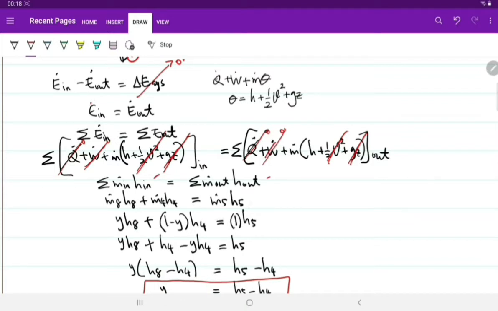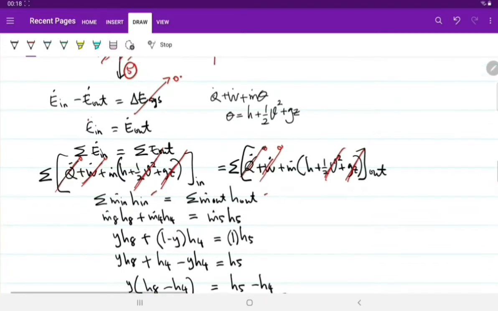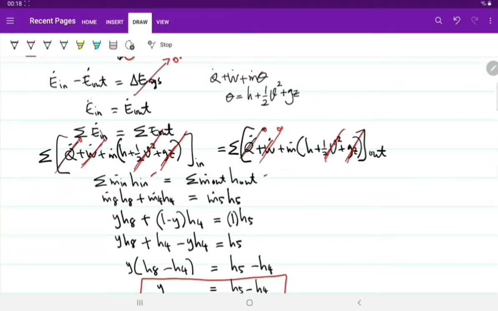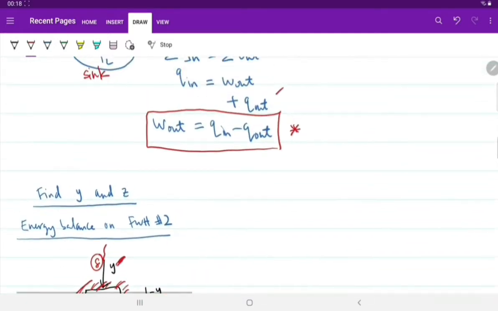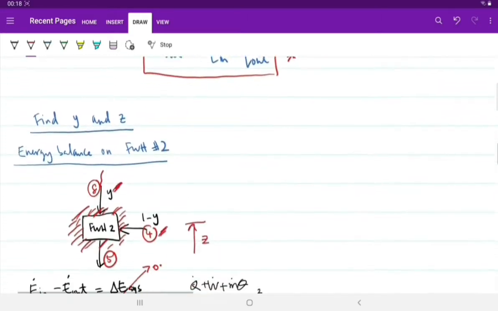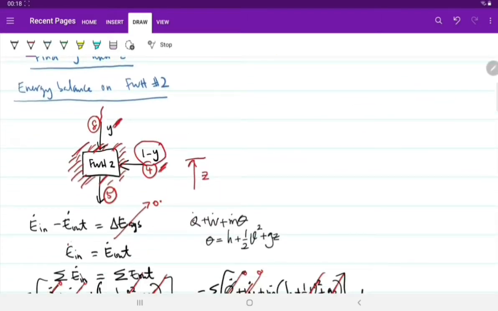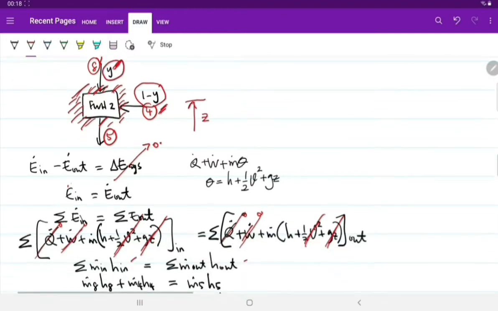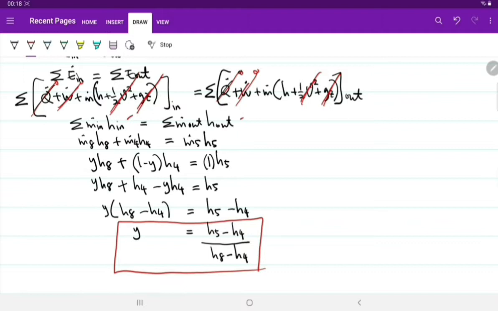This is what is coming out. Okay, for number 8, you have Y fraction, so you multiply by Y: Y times h8, plus, at point number 4, the mass fraction is 1 minus Y. At point number 8, it is Y. So you can put in Y times h8 plus (1 minus Y) times h4 equals 100% mass coming out, 1 multiplied by h5.